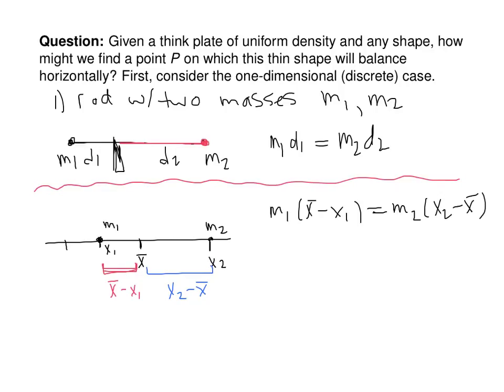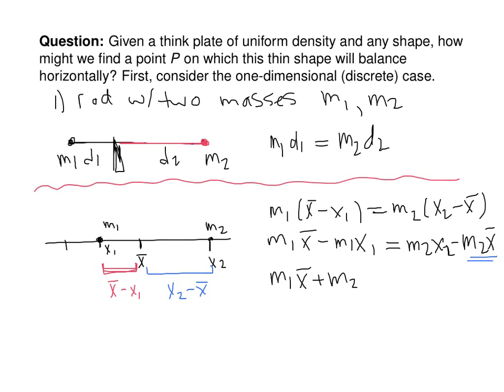So x bar is the location of that center of mass, so let's solve for it. So distribute my m1 and m2. I have m1 x bar minus m1 x1 equals m2 x2 minus m2 x bar. So I'm going to move this to the other side, giving me m1 x bar plus m2 x bar equals m1 x1 plus m2 x2.